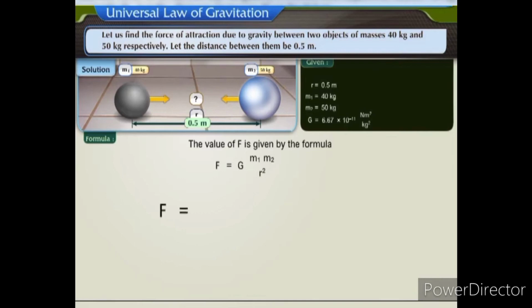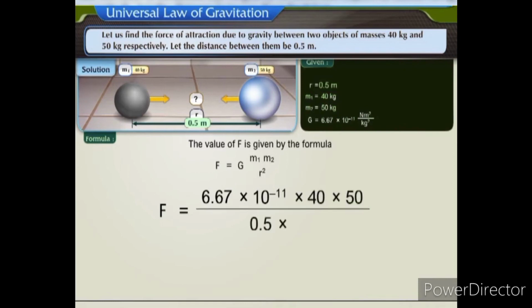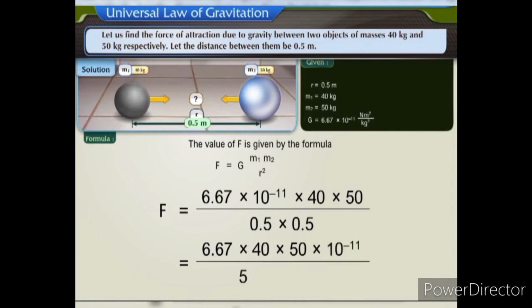F is equal to 6.67 into 10 raised to minus 11 into 40 into 50 divided by 0.5 into 0.5, is equal to 6.67 into 40 into 50 into 10 raised to minus 11 upon 5 into 5 into 10 raised to minus 2.